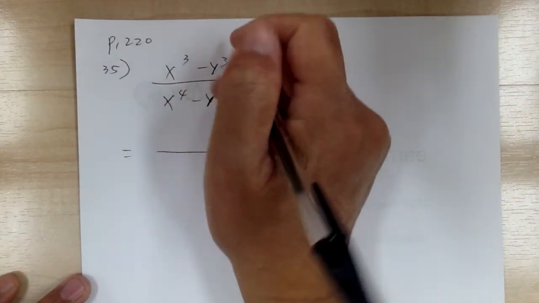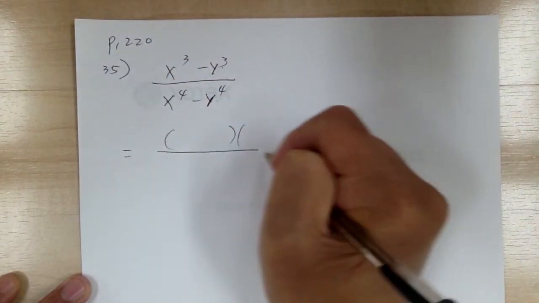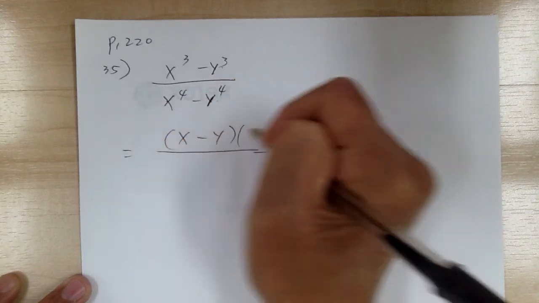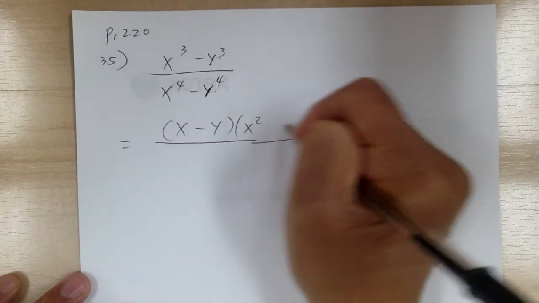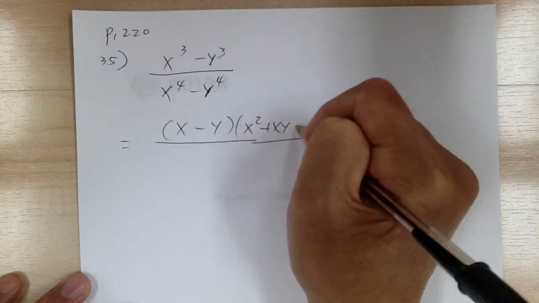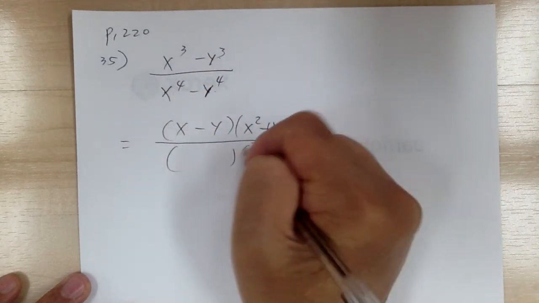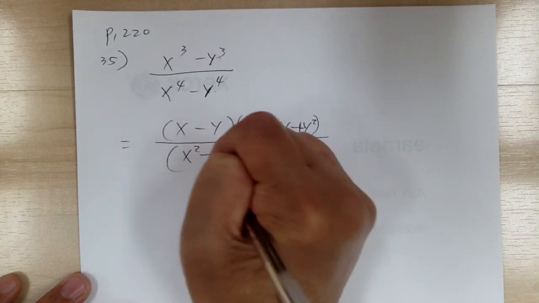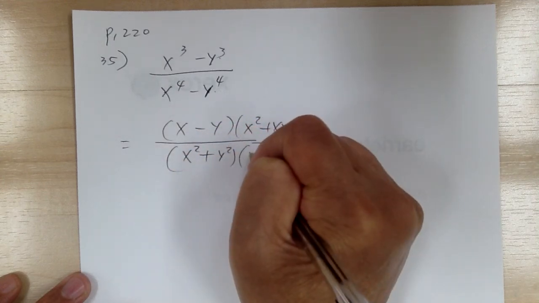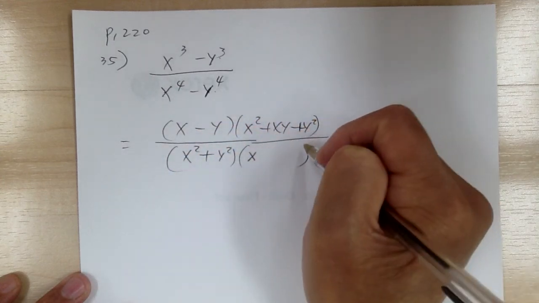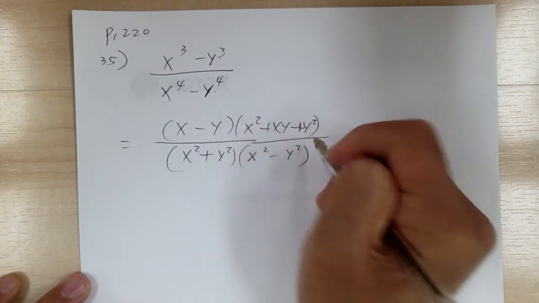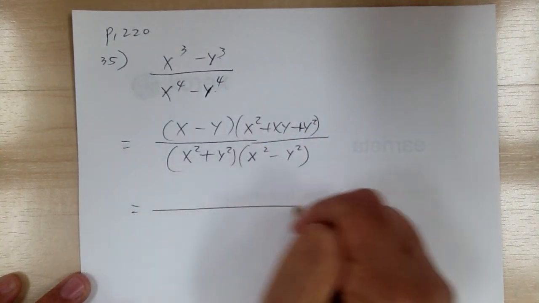So this is the cube, so you need two sets of parentheses. You're going to get x minus y, and you're going to get x squared plus xy plus y squared. On the bottom, you're going to get x squared plus y squared, and x squared minus y squared. And you can factor this again.